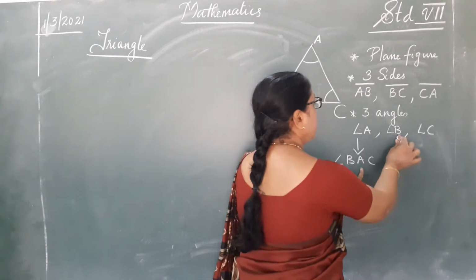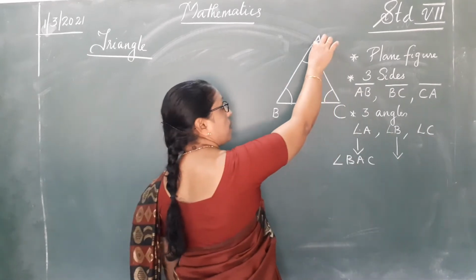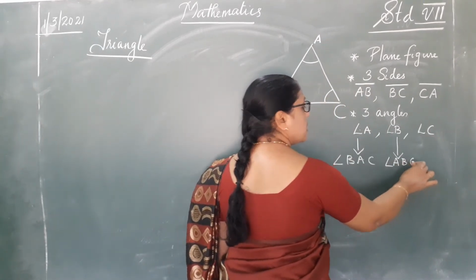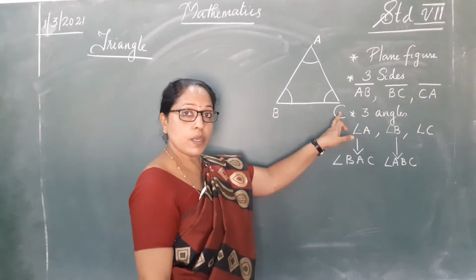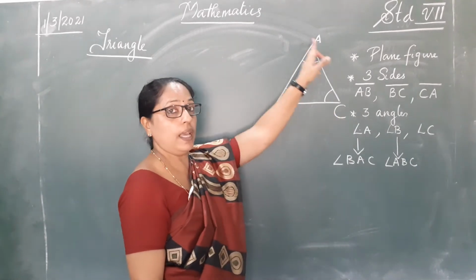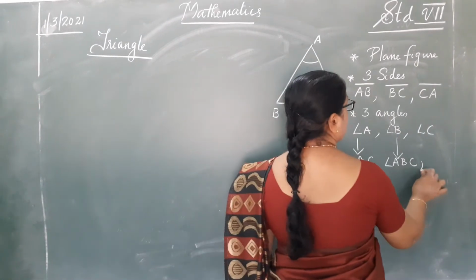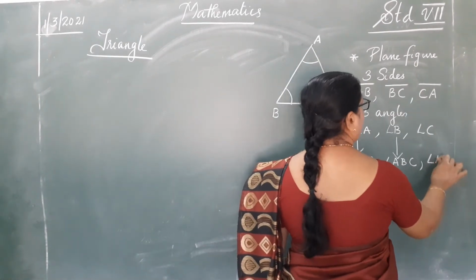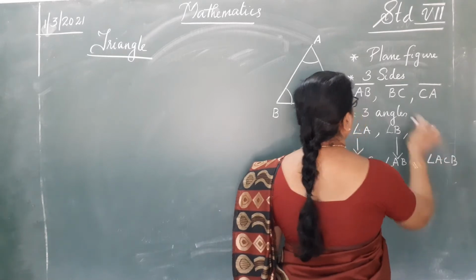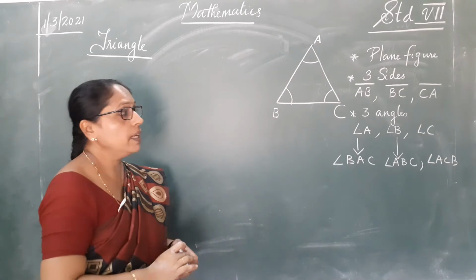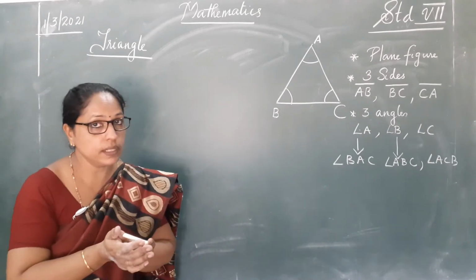Angle B will be named as angle ABC, you can start from A, B in the middle, and C. You can start from C also, so CBA or ABC. Now angle C, we can name it as angle ACB or BCA.